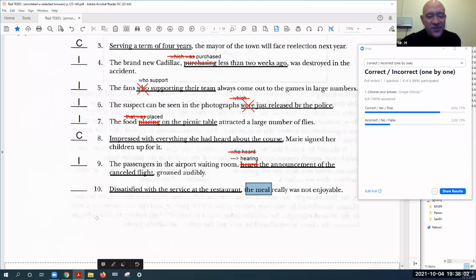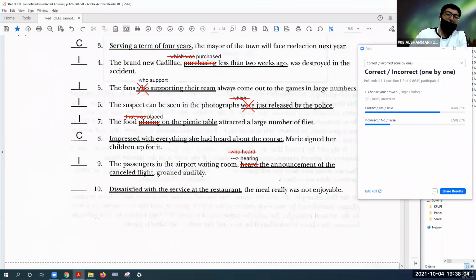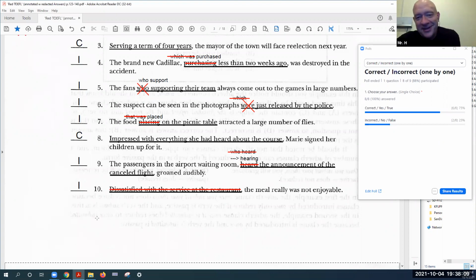No. No. This example, guys, is actually total rubbish. All right. You can't say that at all. "Dissatisfied with the service at the restaurant, the meal was really not enjoyable." No. How do I fix it? Well, you need an agent, first of all. Okay. You should put maybe, my head hurts. I don't even want to think about the correct answer.